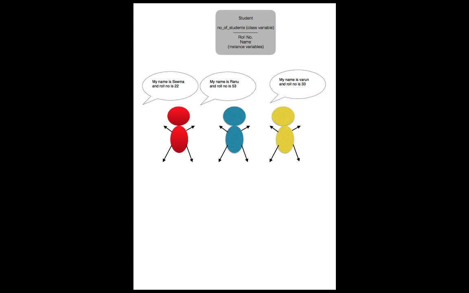So what we aim to understand here in Python is how to define a class, how to write the class variables, how to write the instance variables, and how to define the methods on these objects.